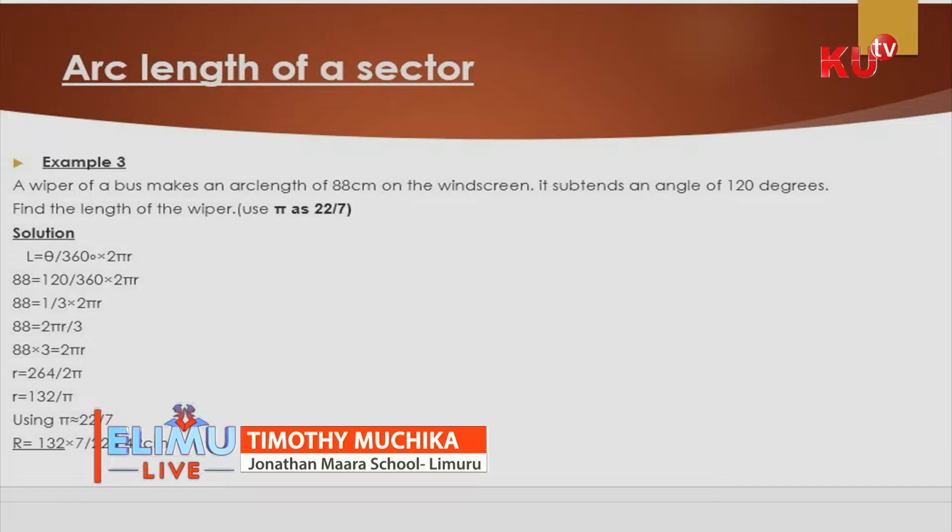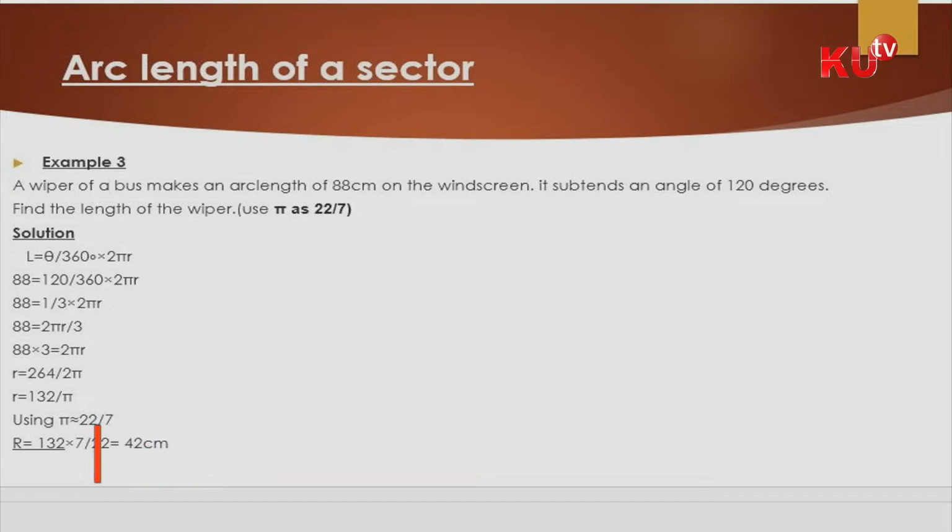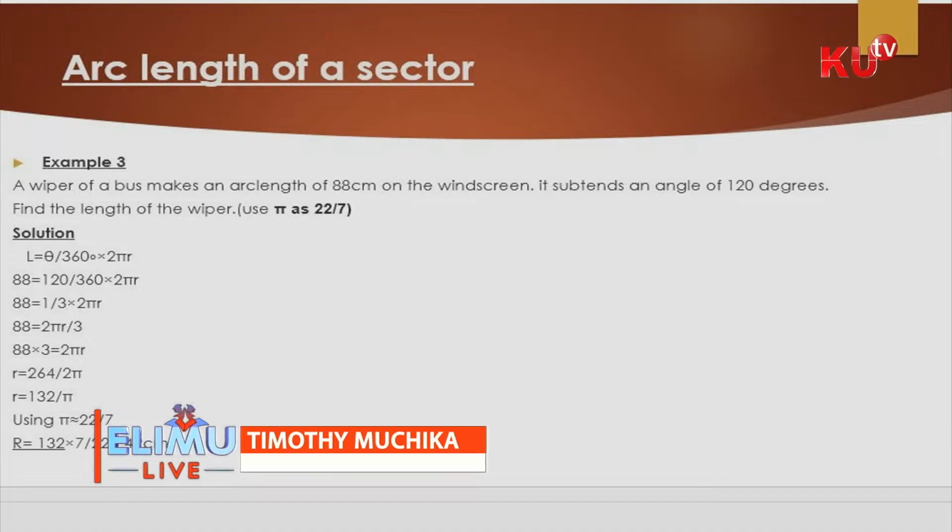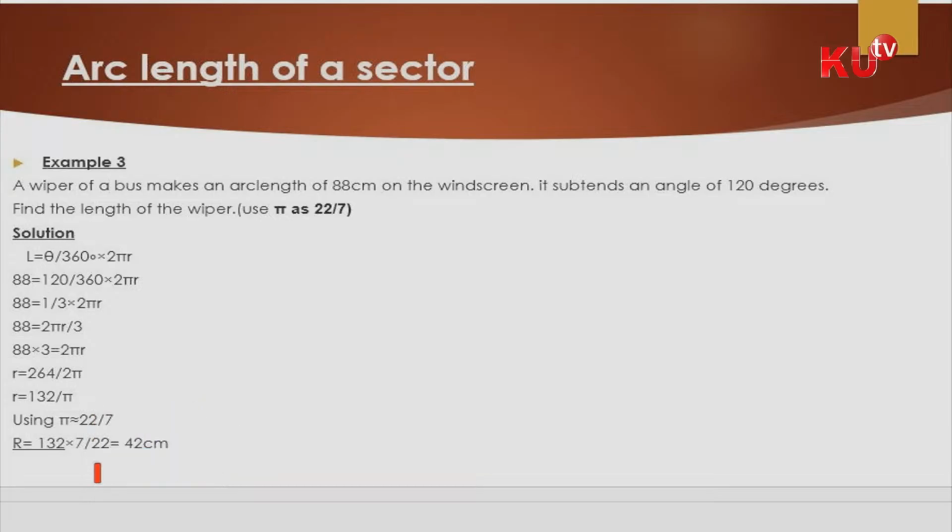So write this example down. This one is an application question. Number 1. The question reads: a wiper of a bus makes an arc length of 88 centimeters. So you have been told that in this situation, you have been given the arc length.